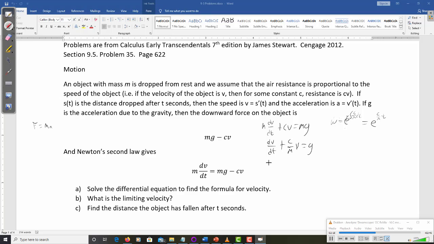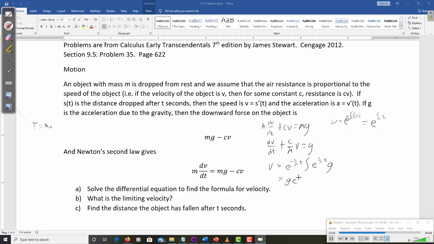So our velocity function is 1 over that, so e to the negative c over m t, times the integral of e to the (c over m) t times g. g is just a constant, so you can pull that out.